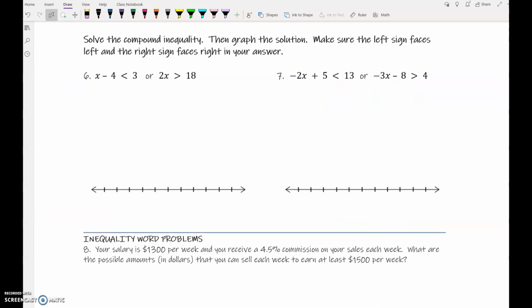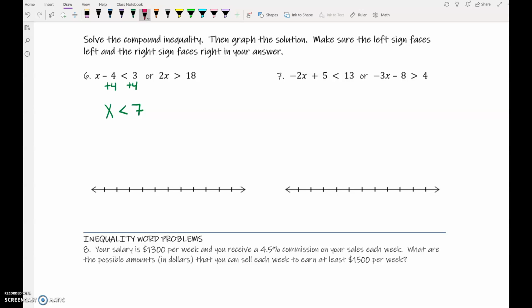When you see the word or with inequalities, it does not mean that you get to pick one. You still have to do both inequalities. So x minus 4 is less than 3, or 2x is greater than 18. Start with the left one. We would add 4 on both sides to get x is less than 7.